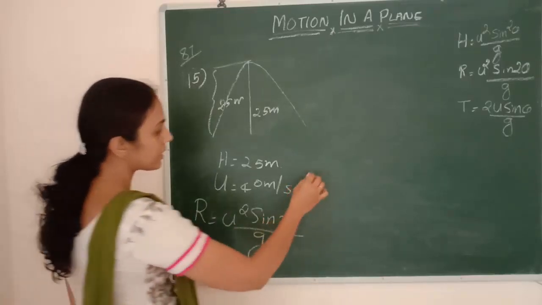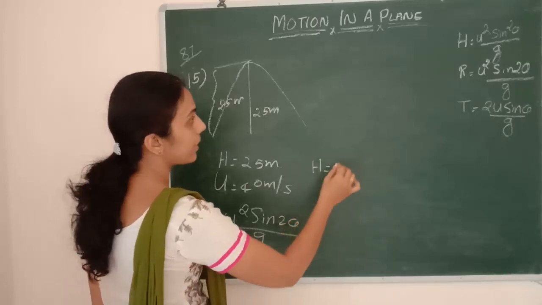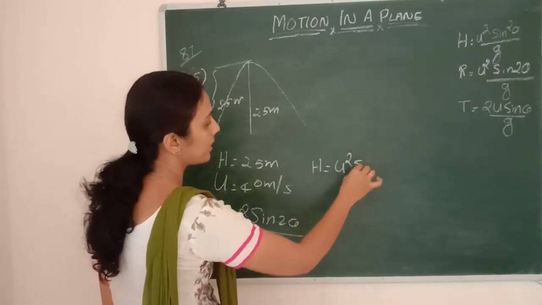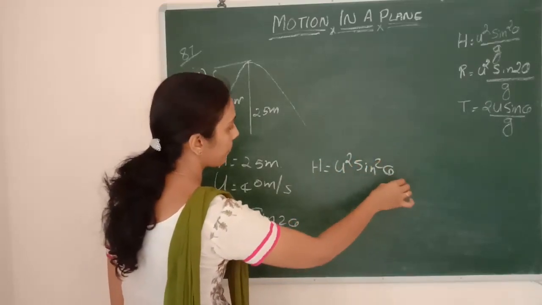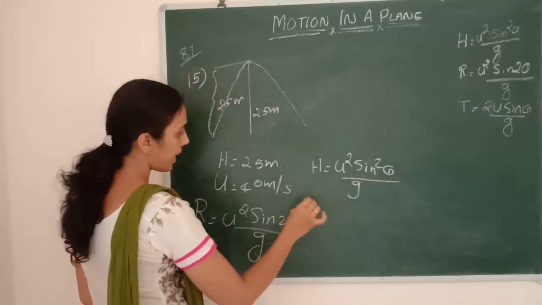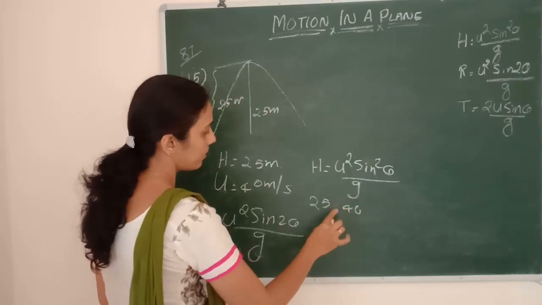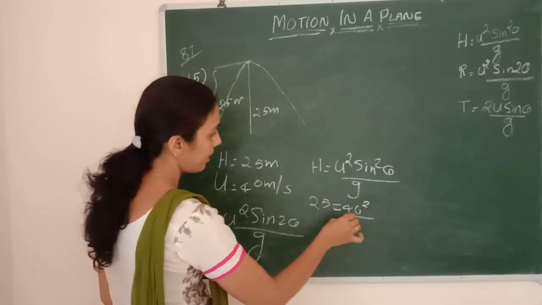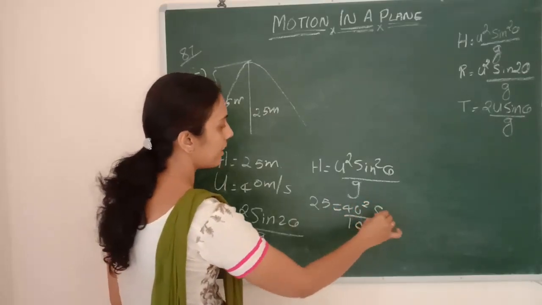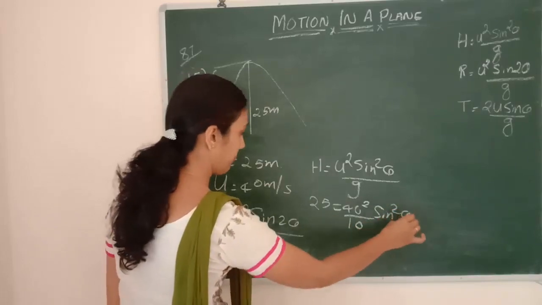Okay, so H is given as u square sine square theta divided by g. H is 25, u square is 40 square, divided by 10, sine square theta.